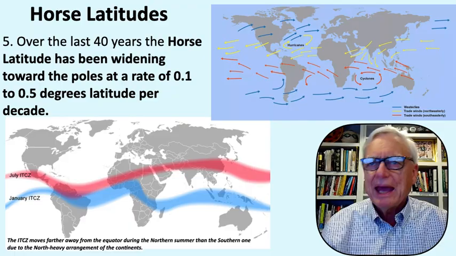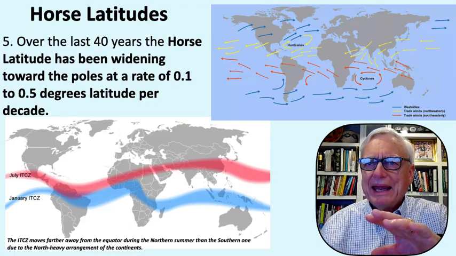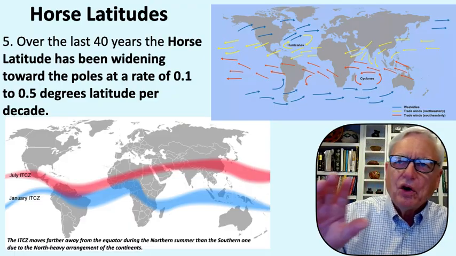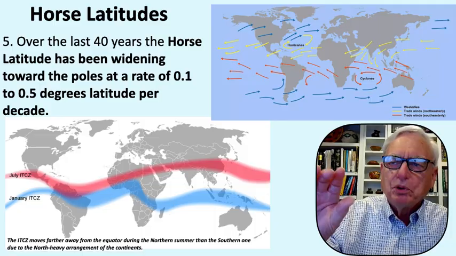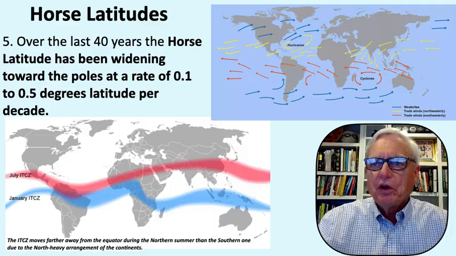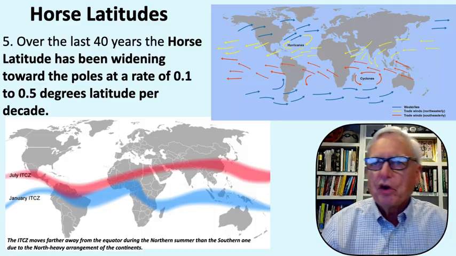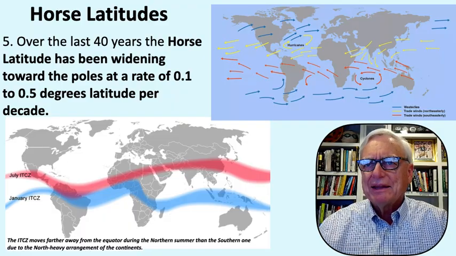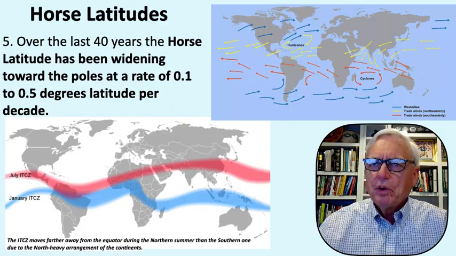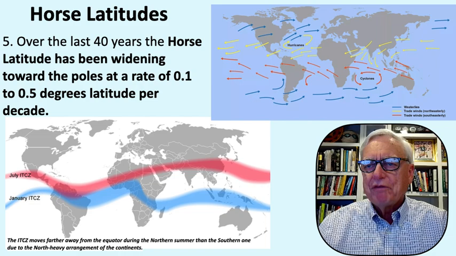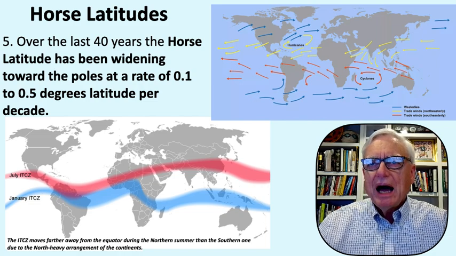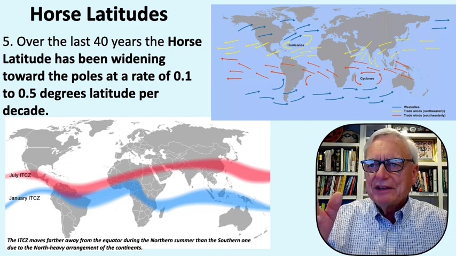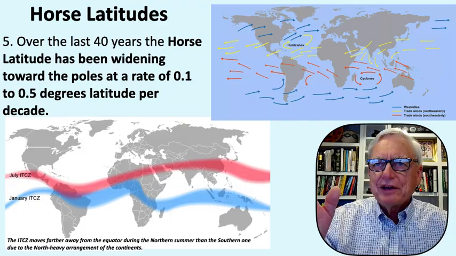If you take a look at the graph in the upper right-hand corner, you'll see the yellow and the blue. Those are the trade winds. The yellow would be in the northern hemisphere. And you can see what happens is that you have the warm winds coming off of Africa. They're blowing towards the United States, and they're in the Horse Latitudes.